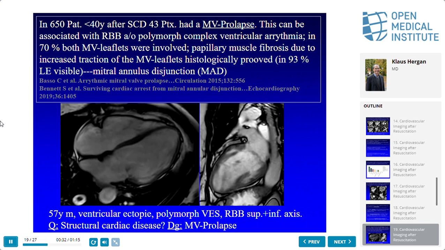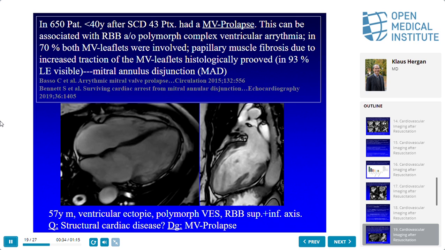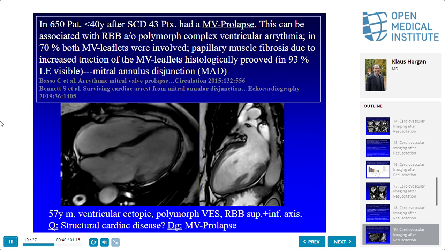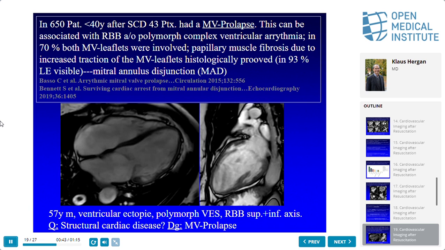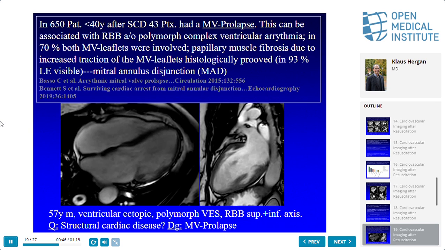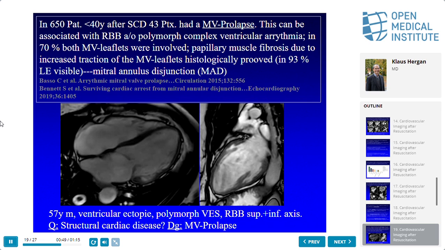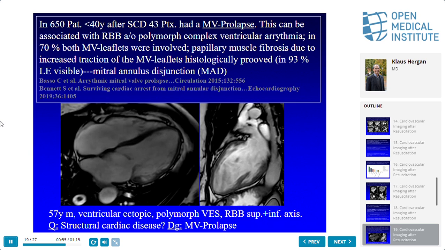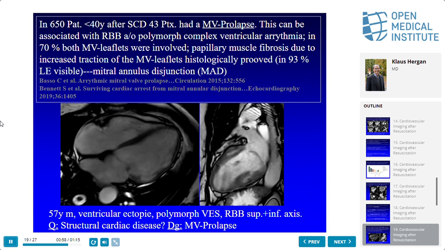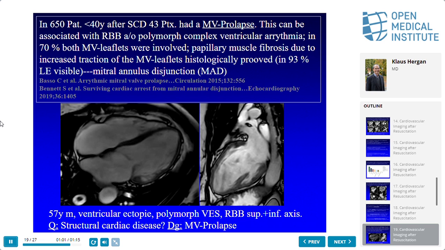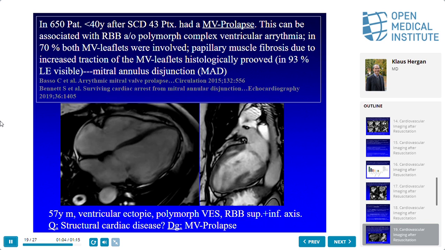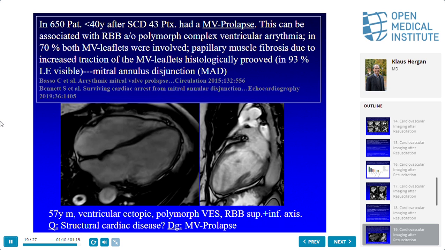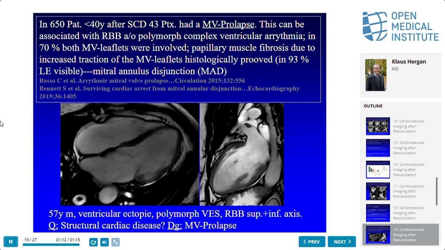This is because in these cases the mitral valve has a traction on the posterior or anterior papillary muscle, and scar tissue can arise. When you have scar tissue combined with normal myocardium, it can be a focus for arrhythmogenic problems. And in this case, we have this ventricular ectopia and a right bundle branch block, and we found this mitral valve insufficiency and this mitral valve prolapse. So this is clearly shown there.